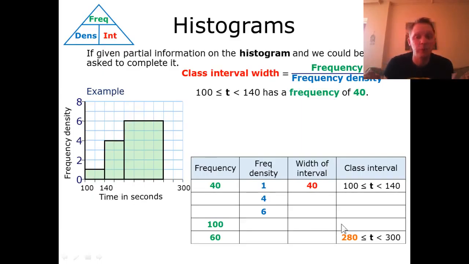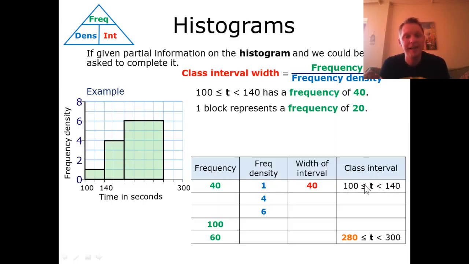So I've started to put this into a table. It's 40, my class interval width is 40, frequency density of 1 for that interval, in which case now 1 block represents 20. Because it's 2 blocks wide, representing 40, every block must be 20.